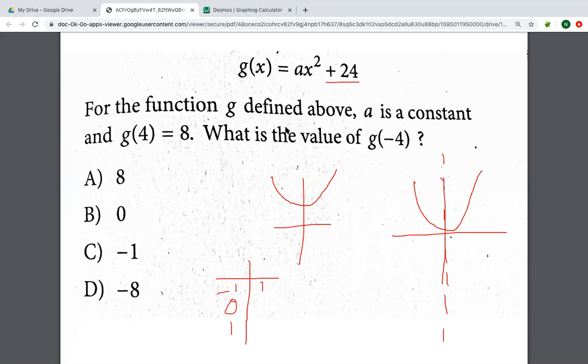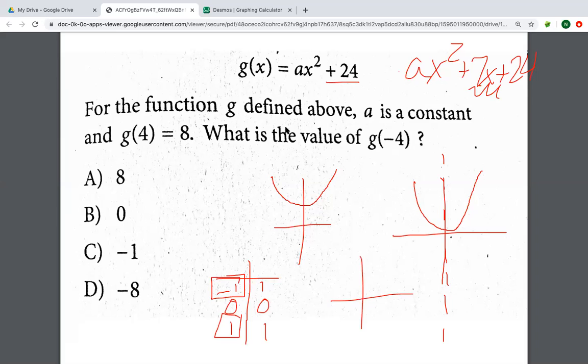It would go 1, 0, 1. The slope is not the same, but all we have to know is that the y value is going to be the same. As long as it's not ax squared plus 7x plus 24, it's this piece that moves it off to the side.